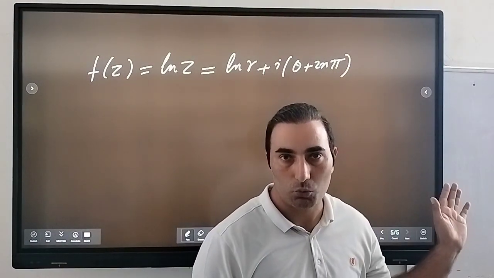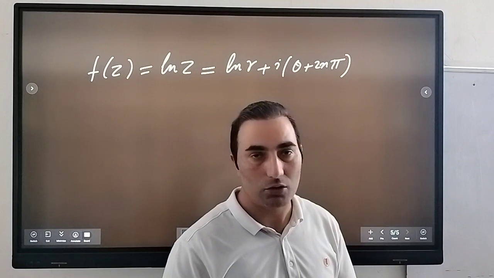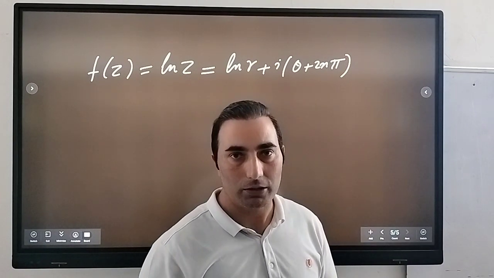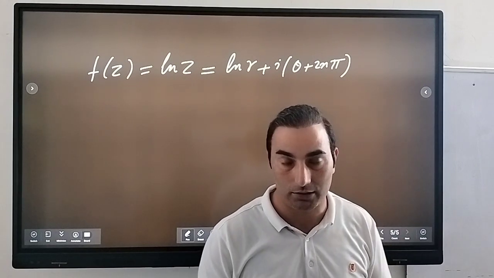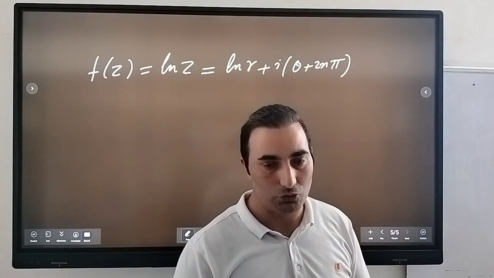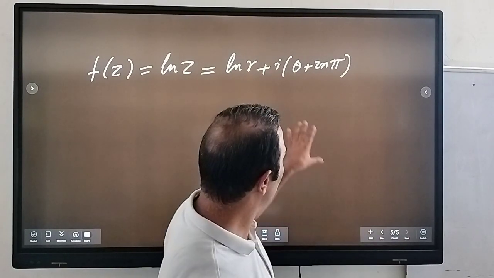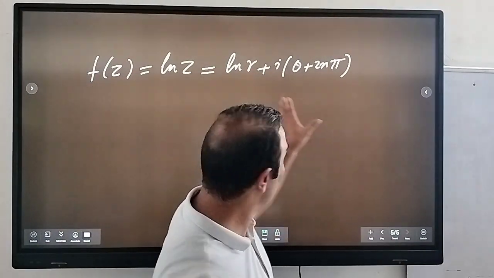If you write it in polar form, because you can write z equal to r e raised to the power iota theta, then you get this, because we have already discussed these things during our classwork, and this is how you write the natural log.